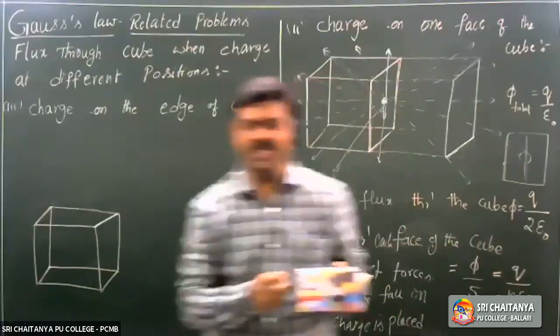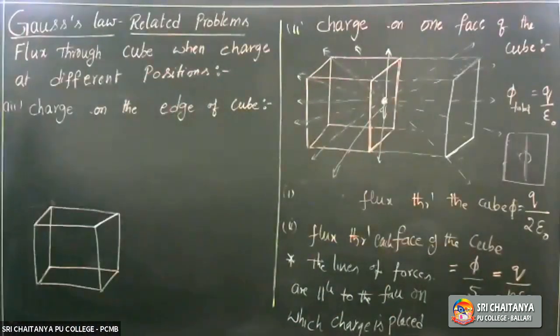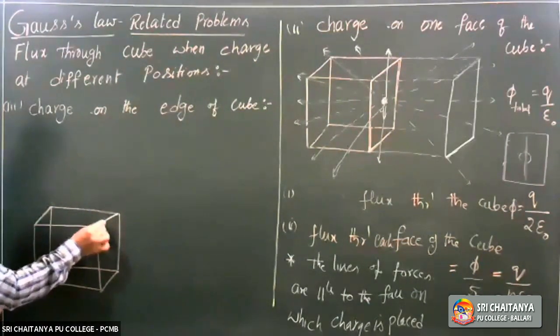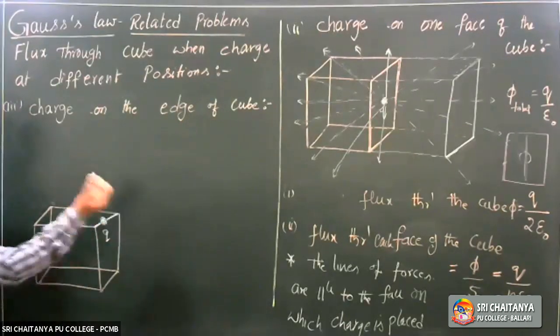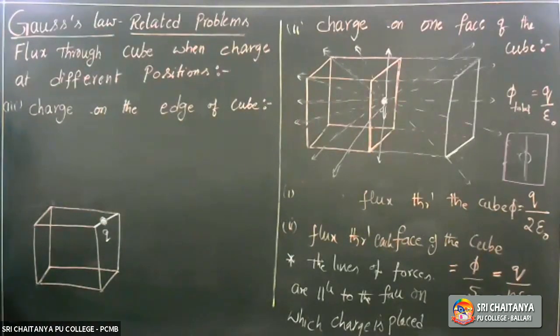If the charge is placed on the edge, where is it? Now I am taking the charge here on the edge. Here is the charge Q. Come on. Due to this charge, what is the flux through this cube?